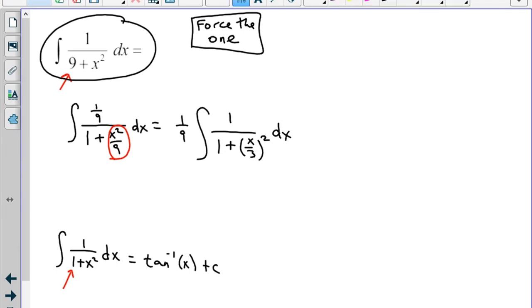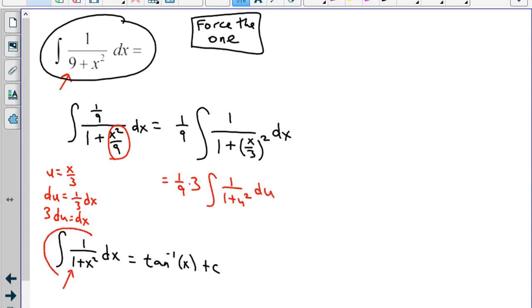So since u equals x over 3, du equals 1/3 dx, so dx equals 3 du, and now I can just move along from there. So this will equal 1/9 times 3 times the integral of 1 over 1 plus u squared du, and this looks a lot like what I wanted to find in the first place.